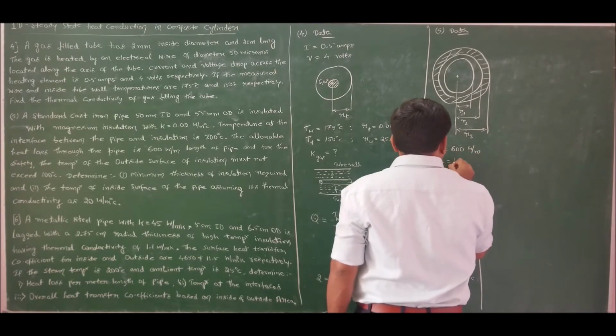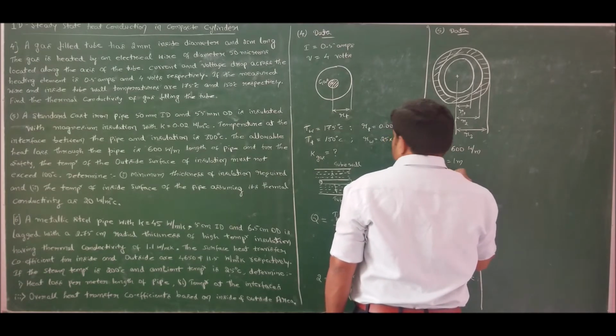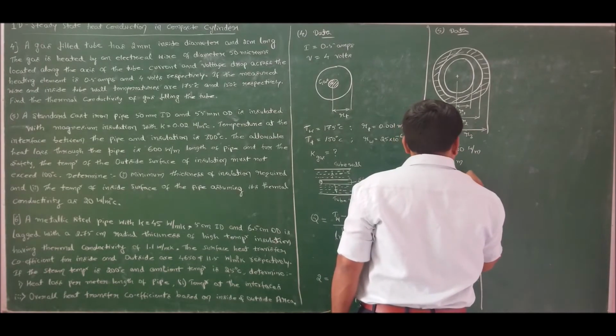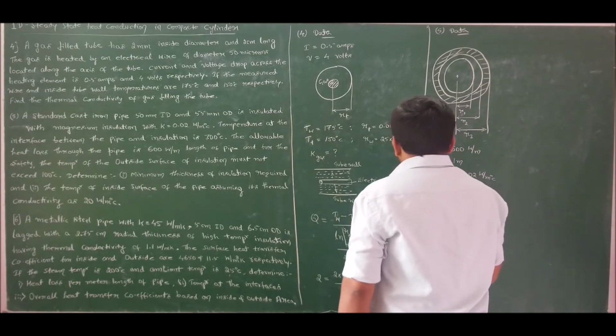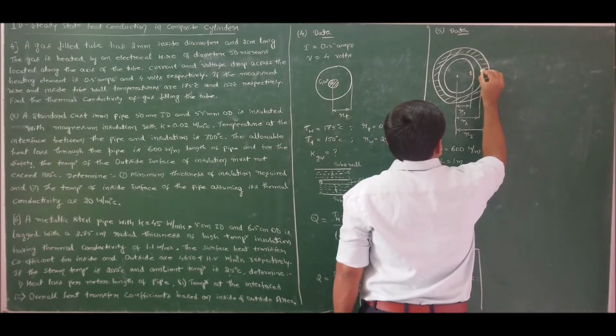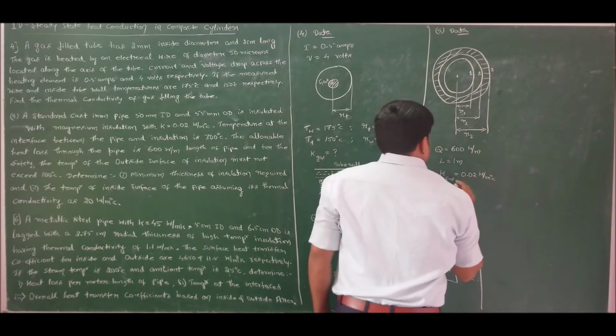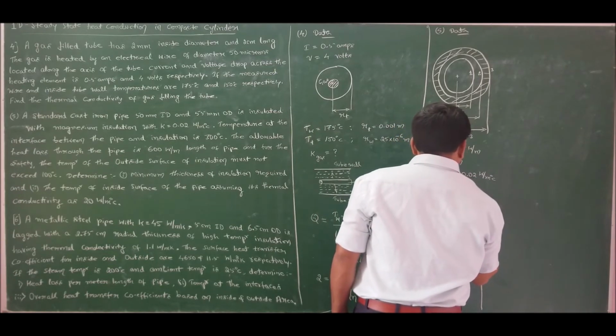So therefore length is 1 meter for us, and K of insulation is 0.02 watt per meter degree Celsius. The interface temperature is specified for us, so let us mark the temperature as state points 1, 2 and 3. So he has given the value of T2 as 300 degrees Celsius.